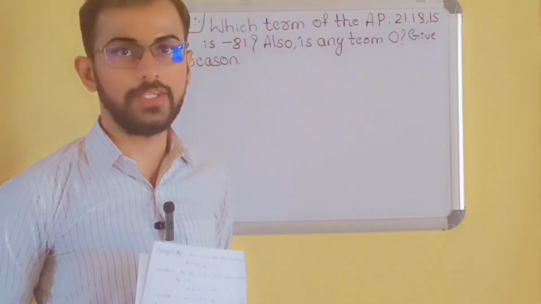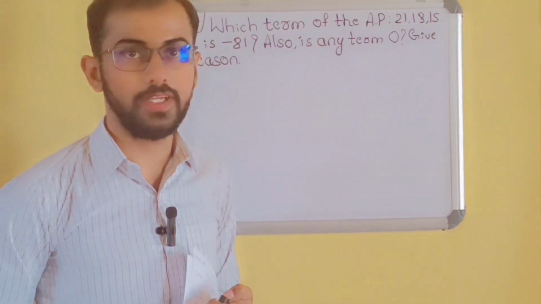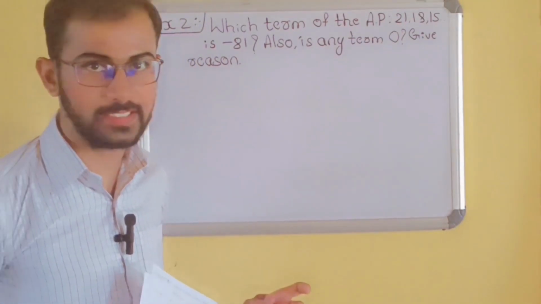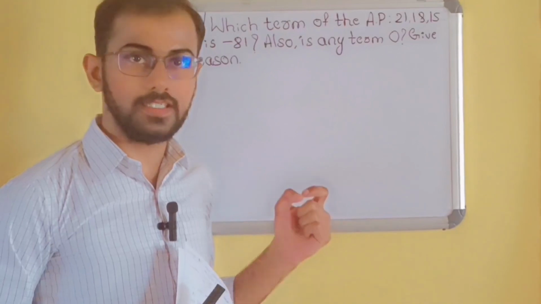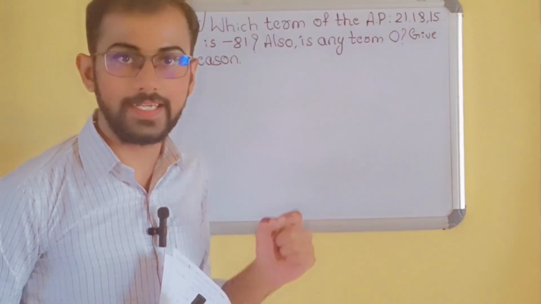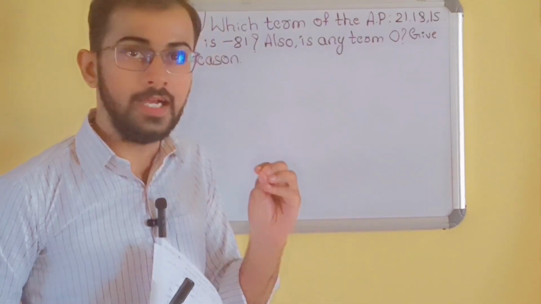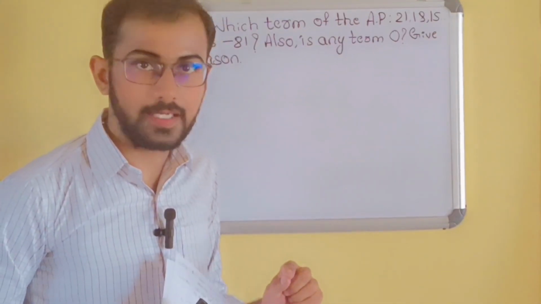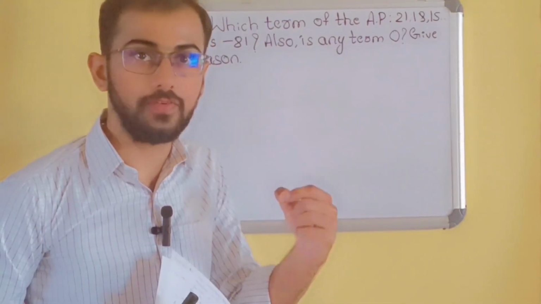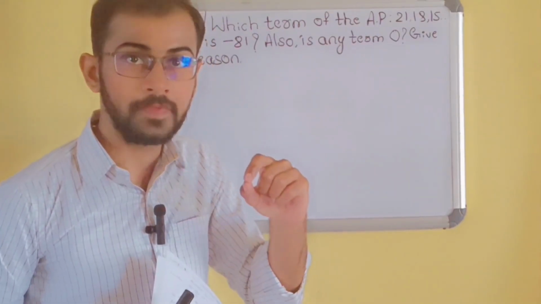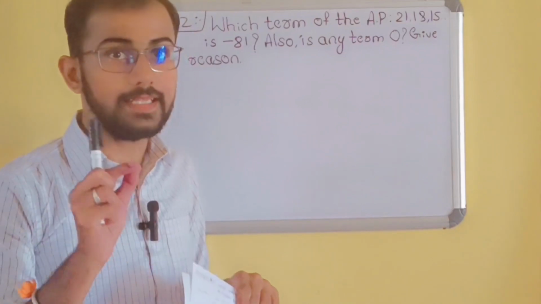In my previous video, I started a next topic of arithmetic progression, that is the nth term of the arithmetic progression. In that, I explained how to find the nth term of the arithmetic progression, and also I solved one example. In that example, they had asked us to find the 10th term.